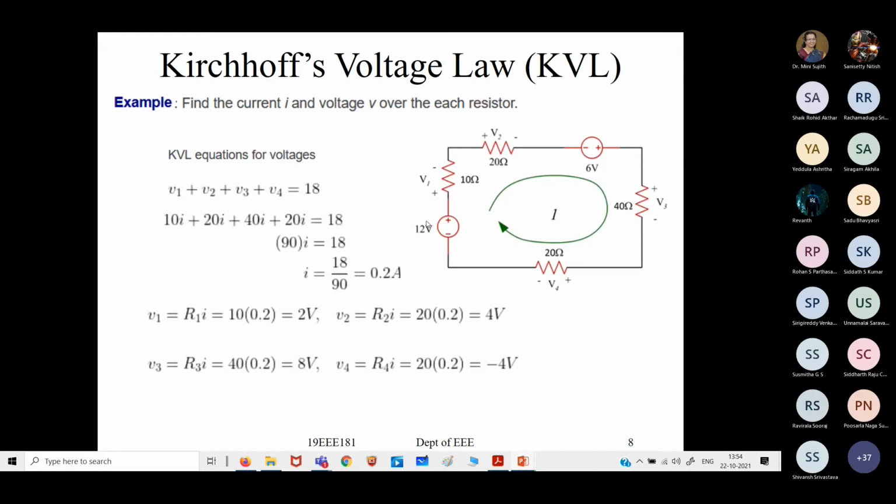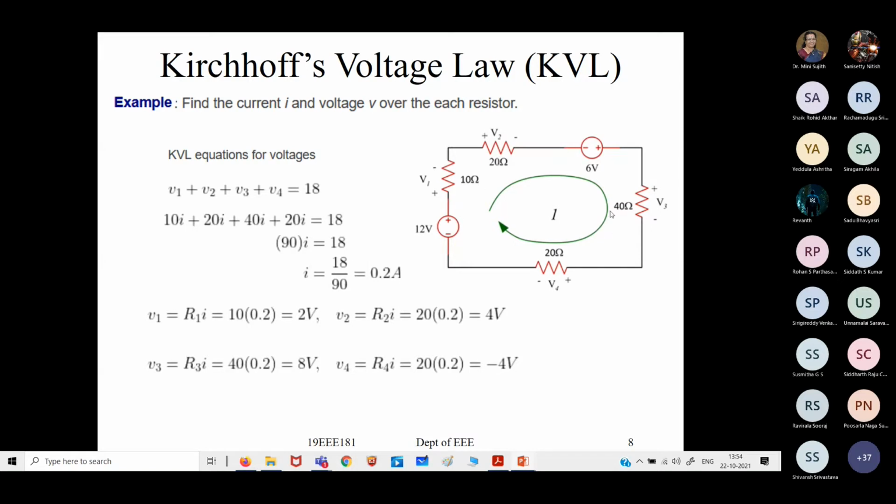So we'll take one example with respect to this circuit, wherein we need to find out the current and voltage over each resistor. We write down the KVL, that is V1 plus V2 plus V3 plus V4 is equal to 18. 18 is this, 12 plus 6. Voltage across 10 ohms is V1, voltage across 20 ohms is V2, voltage across 40 ohms is V3, voltage across 20 ohms is V4. So all this equals 18 volts.